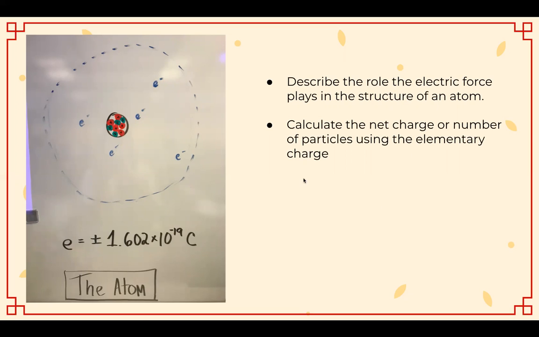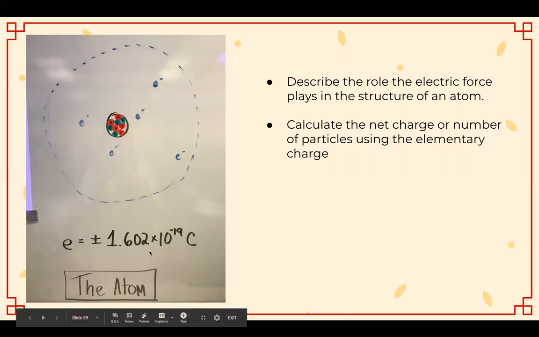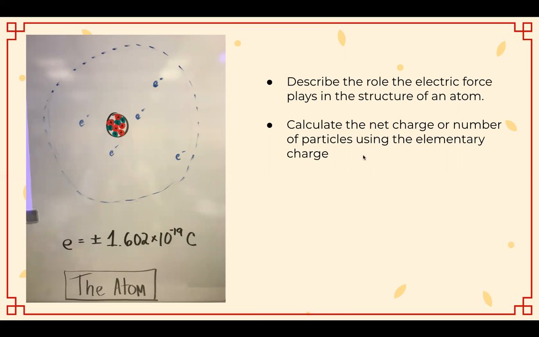So be able to use this 1.602 times 10 to the negative 19. Like if you had 15 extra electrons, how much total charge is that? Or if you have 5 coulombs of charge, how many electrons are there? Be able to use this 1.602 times 10 to the negative 19th to find charge.